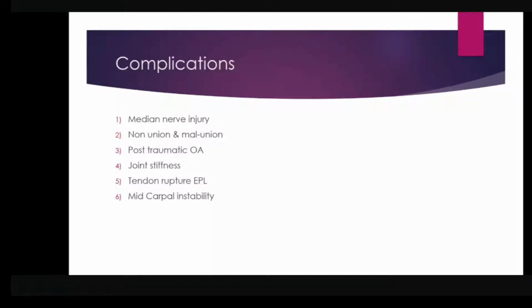Rupture of the EPL, that is extensor pollicis longus, usually occurs when we hyperflex or hyper-palmar-flex the wrist in plaster. Carpal instability is very rare again, and may occur only in associated injuries such as perilunate injury or scaphoid fracture associated with distal radius fracture.